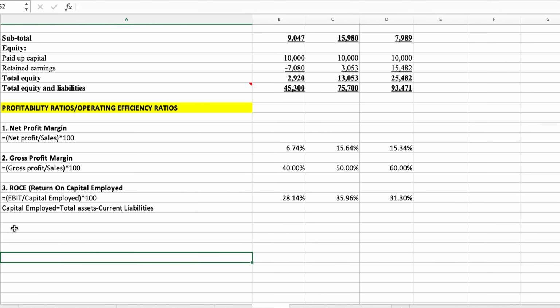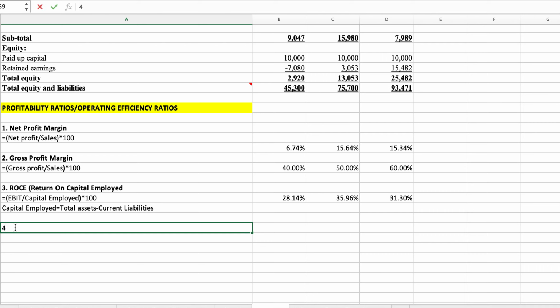Now we move to ratio number 4 under profitability ratios, which is return on equity. Return on equity is sometimes called return on investment.